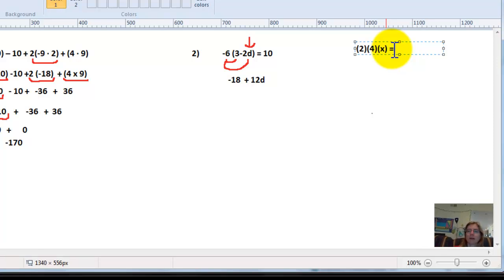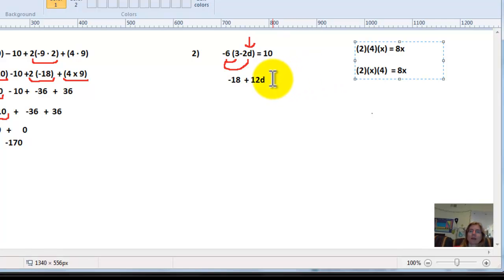The x stays where it is, but 4 times 2 can be multiplied, and that's 8x. If it were the other way, 2 times x times 4, it still is 8x, because the only numbers you can multiply are 2 and 4, and the x just stays there until you divide to get the 8 away from it.